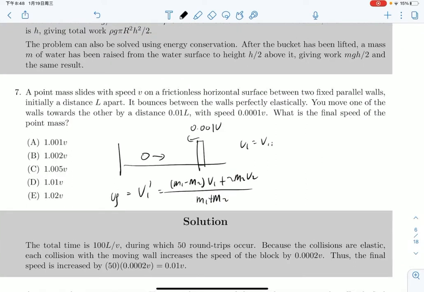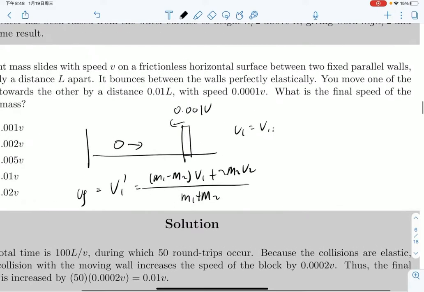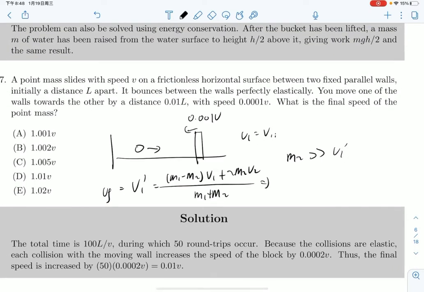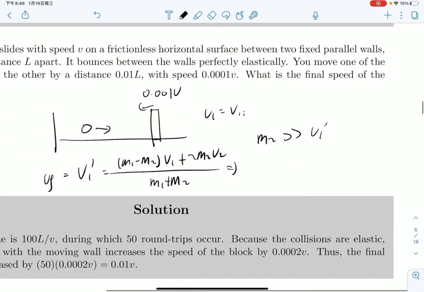In this case, we're assuming that M2 is very large, way greater than M1. So basically this term just becomes M2 V1 plus 2 M2 V2, divided by M2.